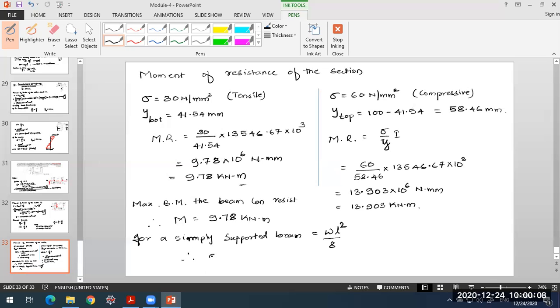Therefore, 9.78 will be equal to W into, for our beam, span is 4 meters, 4 square divided by 8. Or the intensity of the UDL that the beam will support will be 9.78 into 8 divided by 4 square. It is 4.89 kilonewton per meter. So W will be 4.89 kilonewton per meter. That is the maximum uniformly distributed load that the beam can carry.